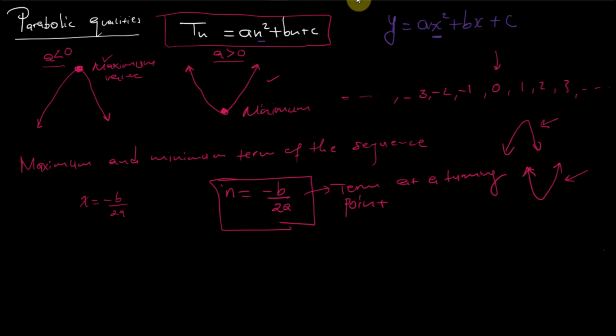Remember, we're not finding the value of it, but finding what term number it is. Is it term number 4, 5, 6, whatever that term is? And to find the value of it, we will have to take this n and substitute it into the original equation, like when you are finding the y value for a turning point.